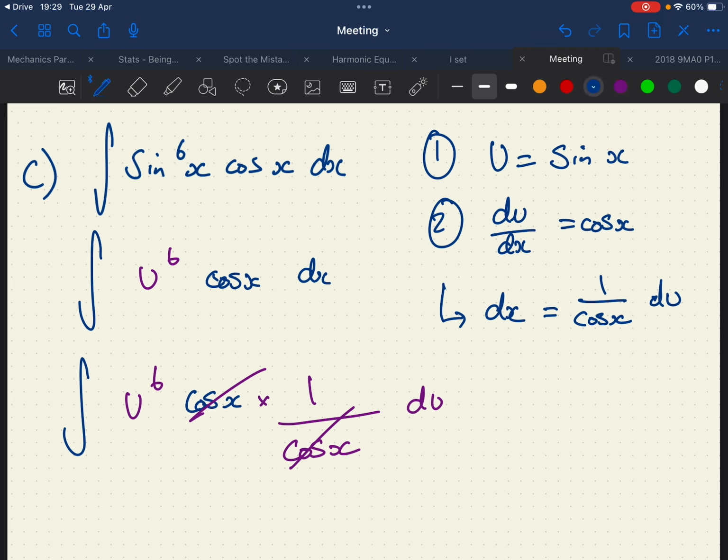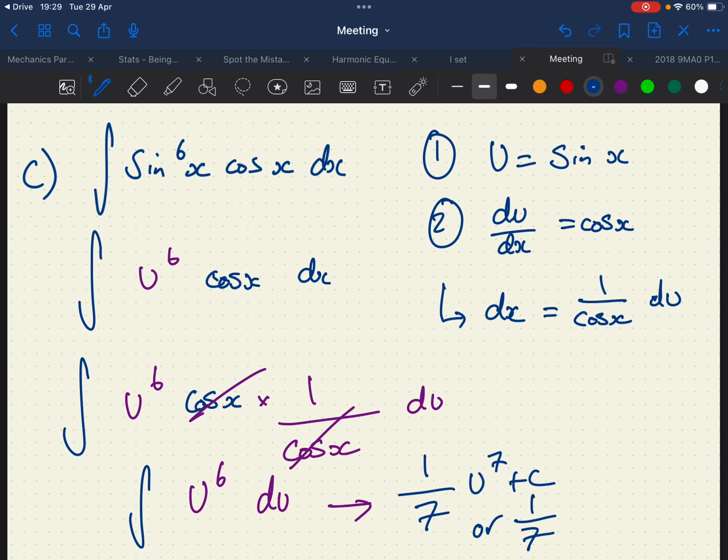So this whole thing here is going to become integrating u to the power of 6 with respect to u. Turns into what? Turns into 1/7 u to the 7 plus c, or if we undo it, it's 1/7 sine to the 7 of x plus c.